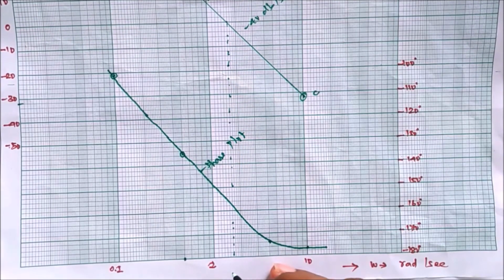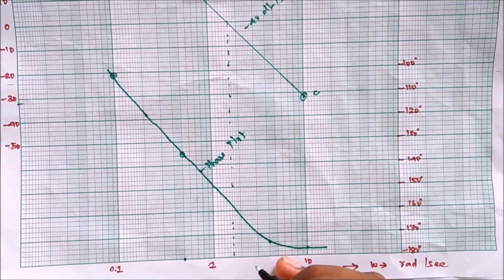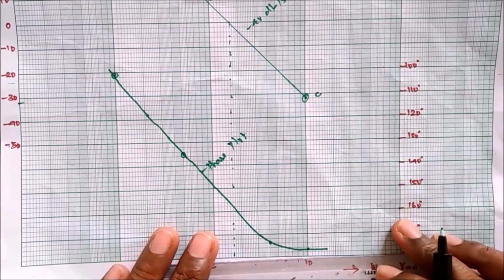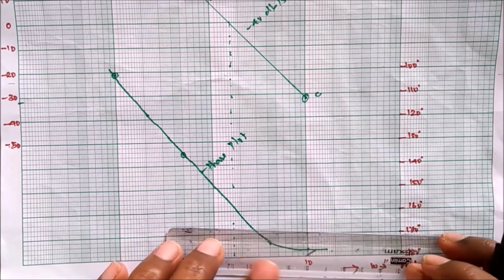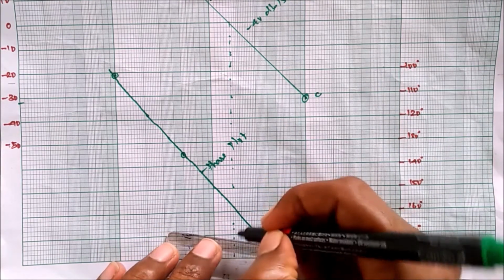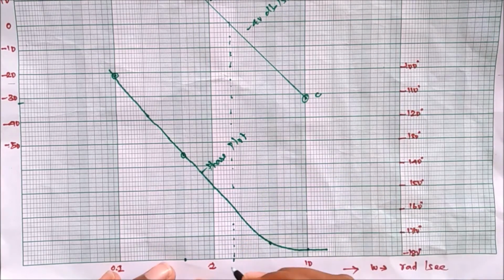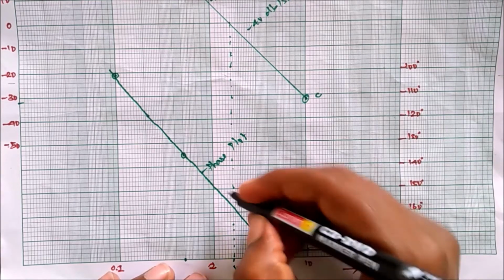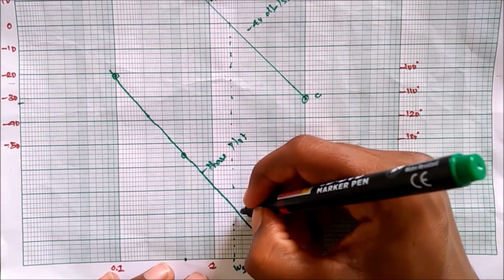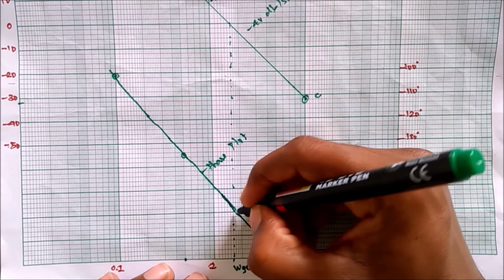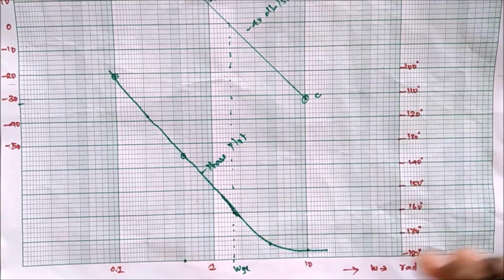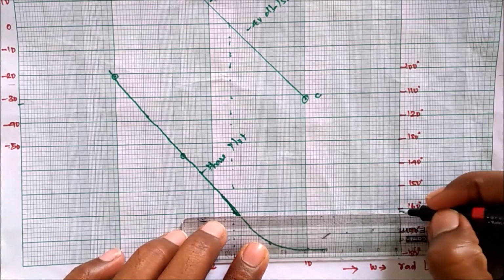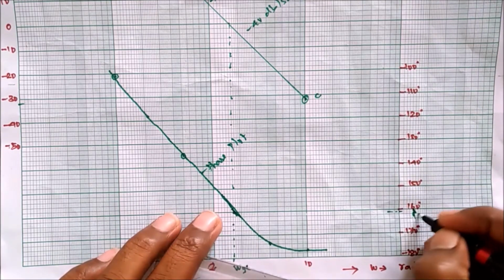Now, for the gain crossover frequency omega gc, what is the angle? The phase plot cuts at this point, so the corresponding phase angle is phi gc.